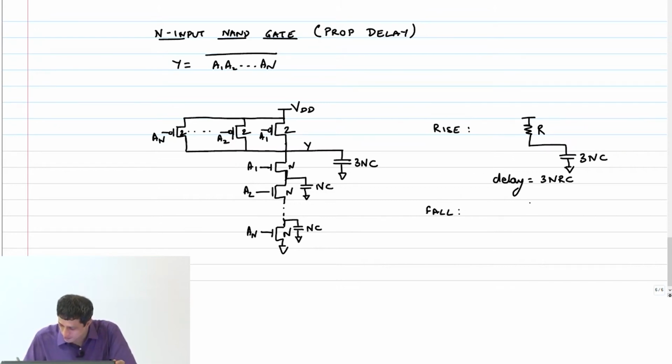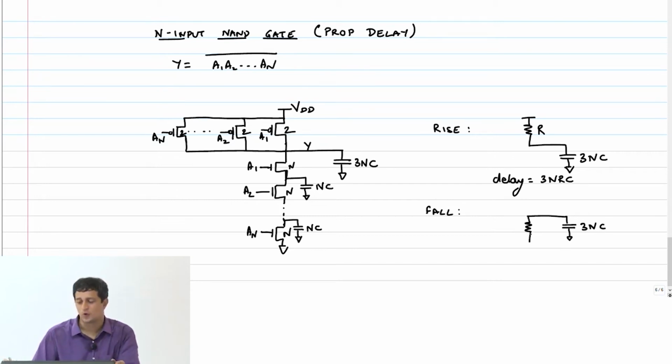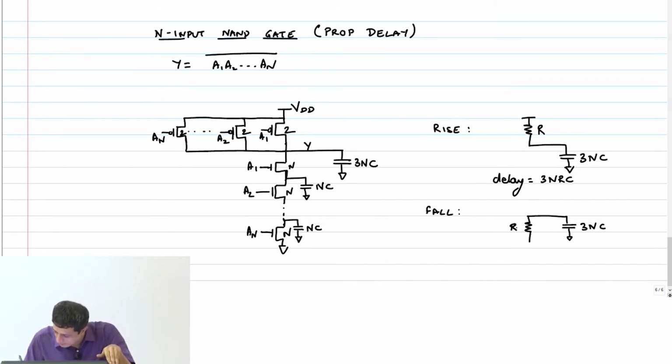So let's get the equivalent circuit right first. I have 3NC. What's each resistance in this network? R by N, going to a capacitance of NC.